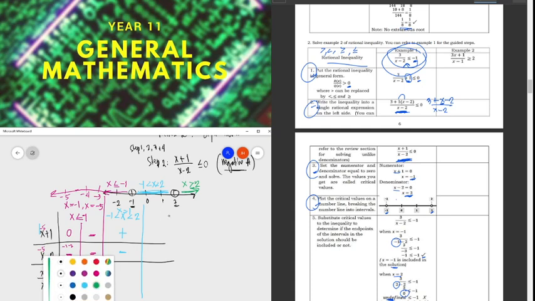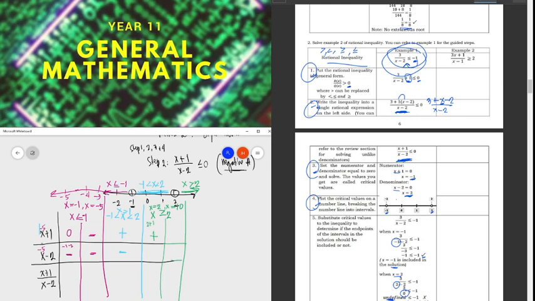Next is the green one. x is greater than or equal to 2. So I can have x equal to 2, and I can also have x equal to 10. If x is equal to 2, then 2 plus 1 is positive, right?